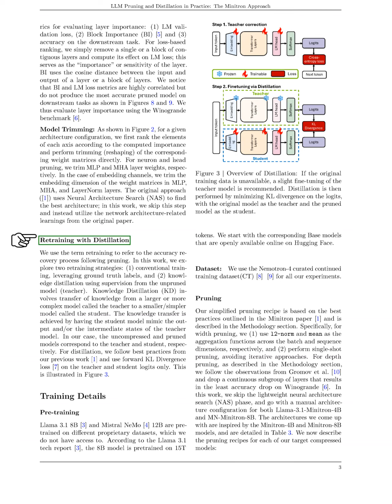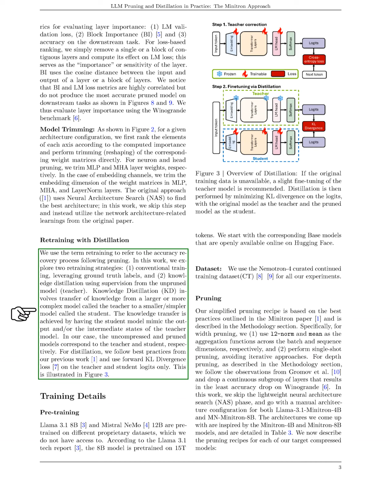Section: Retraining with distillation. In this section, we discuss our approach to retraining after pruning, which we define as the process of recovering accuracy. We investigate two strategies for retraining: 1. Traditional training using actual labels, and 2. Knowledge distillation, where we use the unpruned model as a teacher to guide the smaller pruned model, referred to as the student.